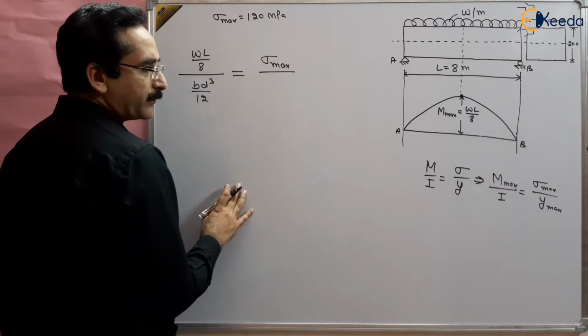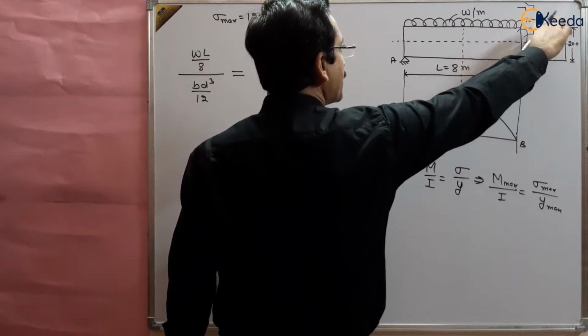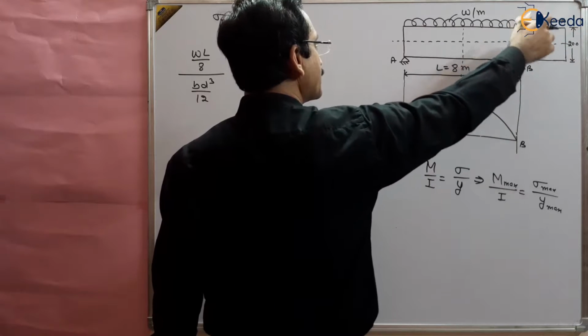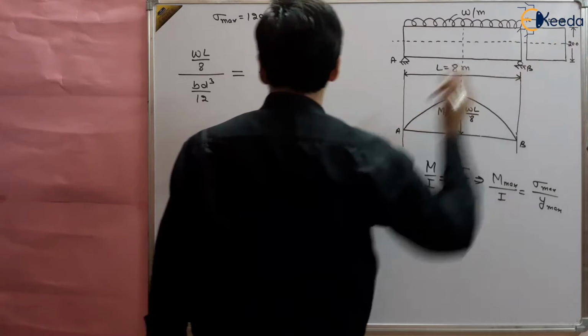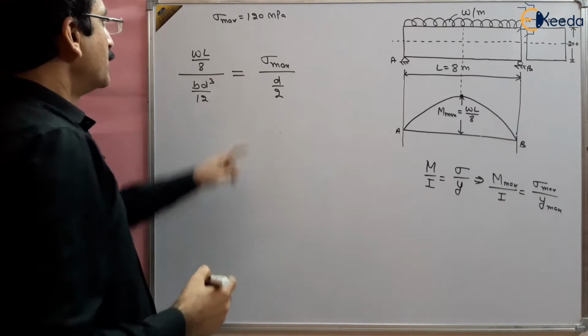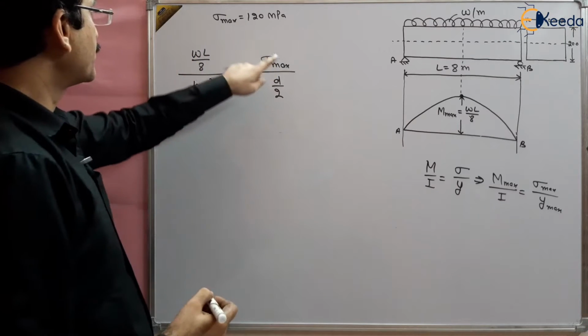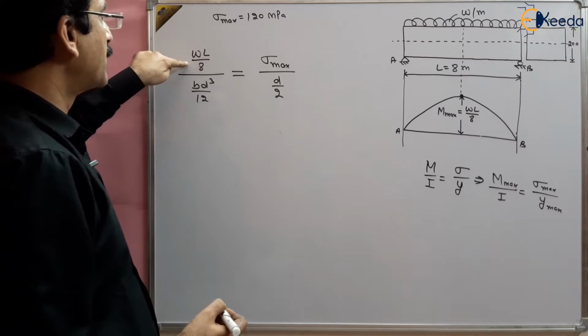And what is Y? Y is the extreme fiber, the largest distance of the fiber from the neutral axis, that is D by 2. You can get W here because only W, the weight intensity, is the unknown here.